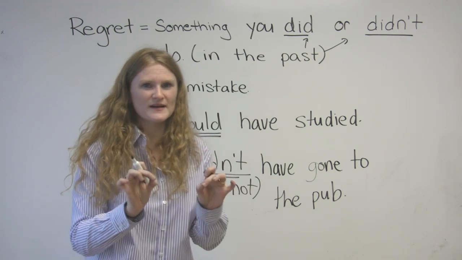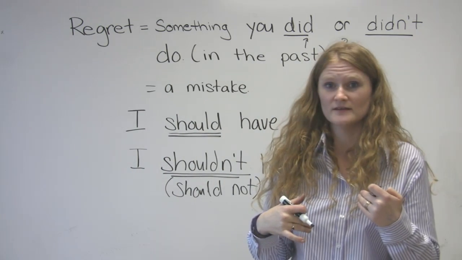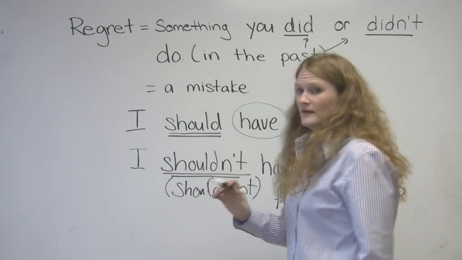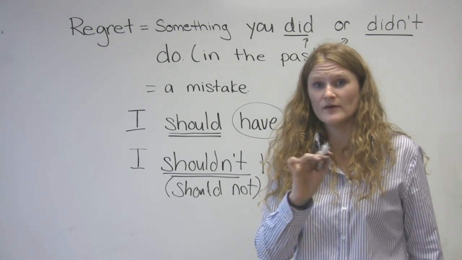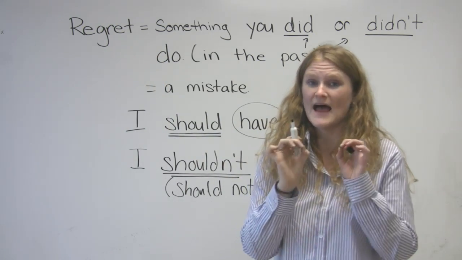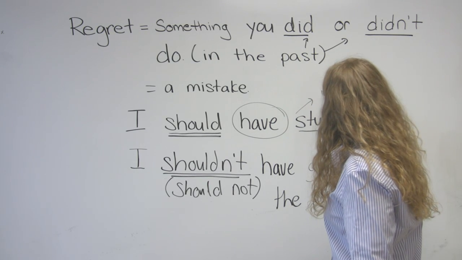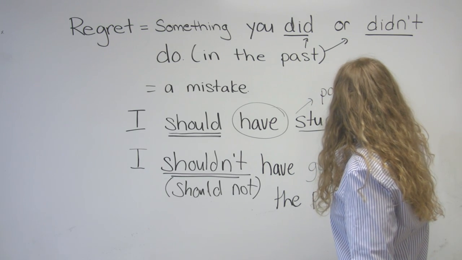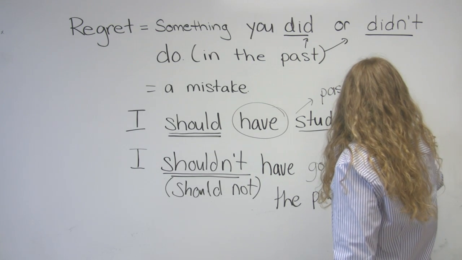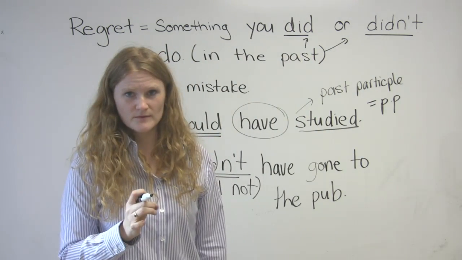Now, the trick and the pronunciation that we use when we talk about these in English is a little different. When you write it, and if you ever have a test and it asks you for a regret, you must always write have, and this has to be the past participle of the verb, okay?